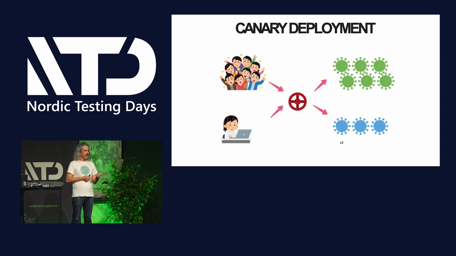Typical cases, you do this with load balancers. You can do this with HTTP headers, geolocation. Anyway, you have multiple ways of doing the selection at the load balancer of whether one request, typically for web services, goes to the old version or the new version.